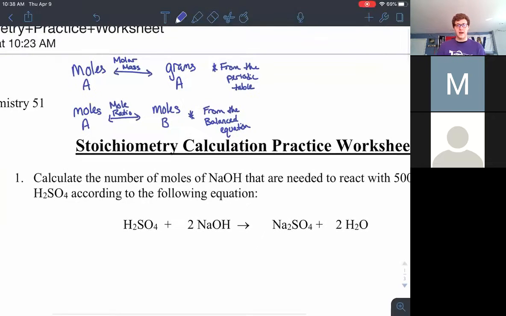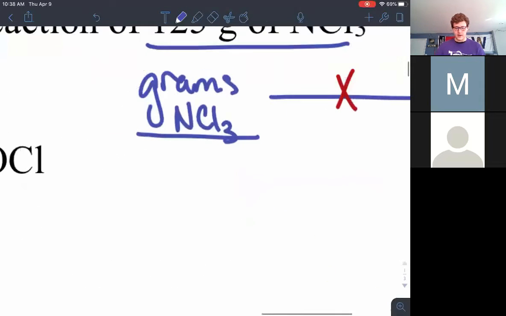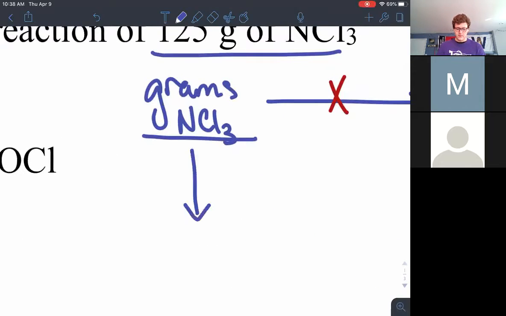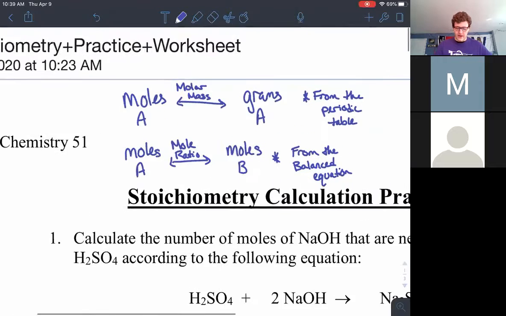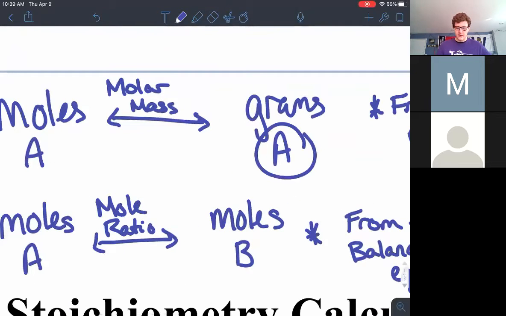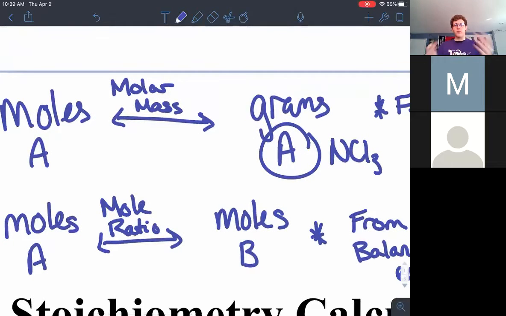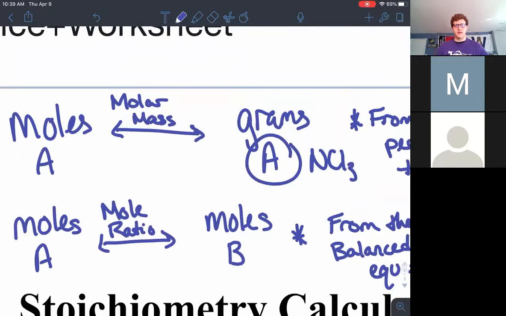So we're going to go from grams of NCl3, and if we use our molar mass, what are we going to end up with?